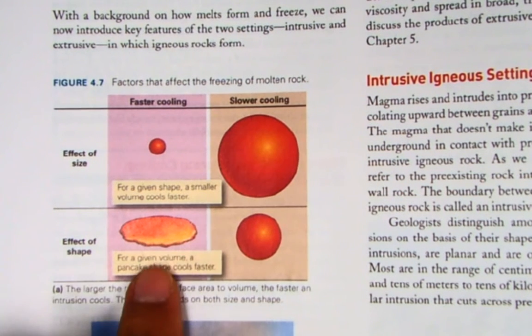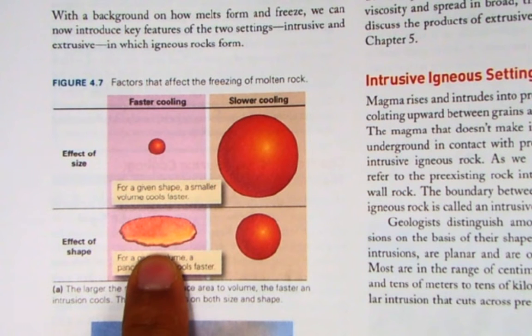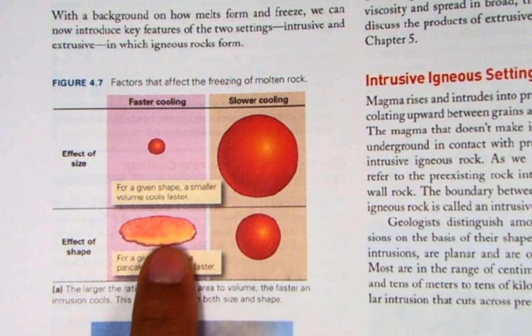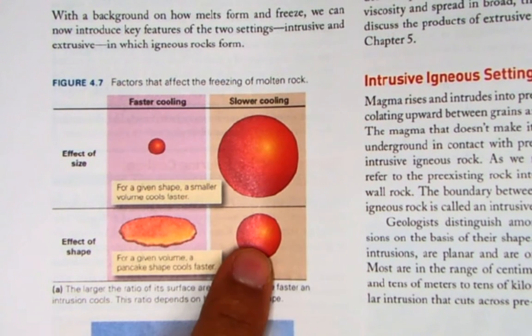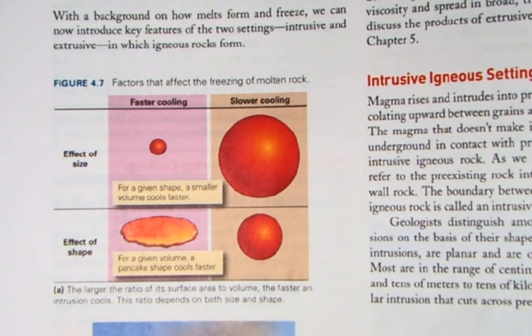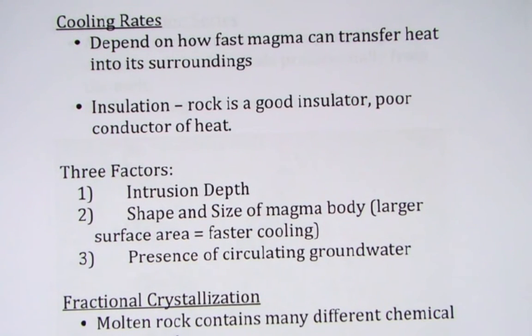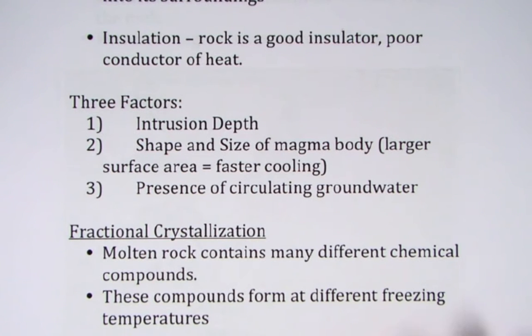A pancake-shaped magma body will cool faster because it has more surface area than a round shape of equal volume. So that also dictates the rate of cooling. And finally, the last bullet here is whether there's any groundwater circulating down there, because that'll cool the magma as well.